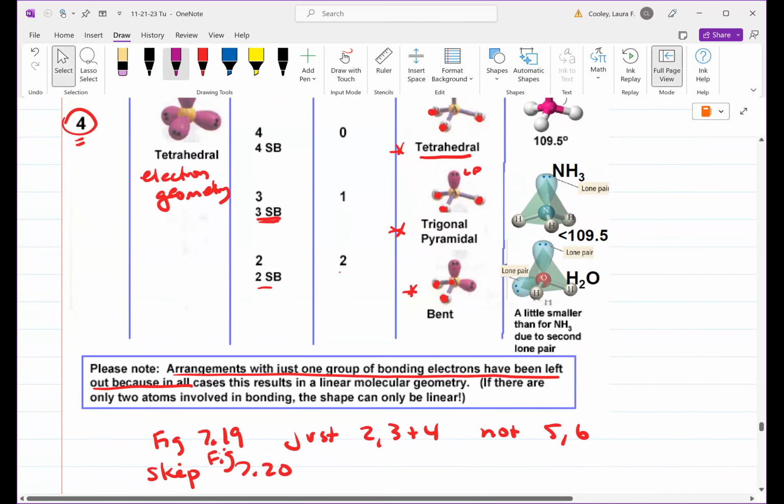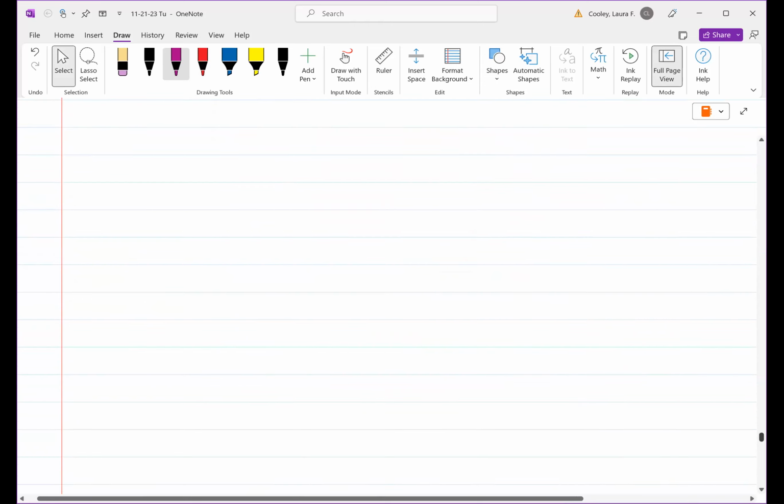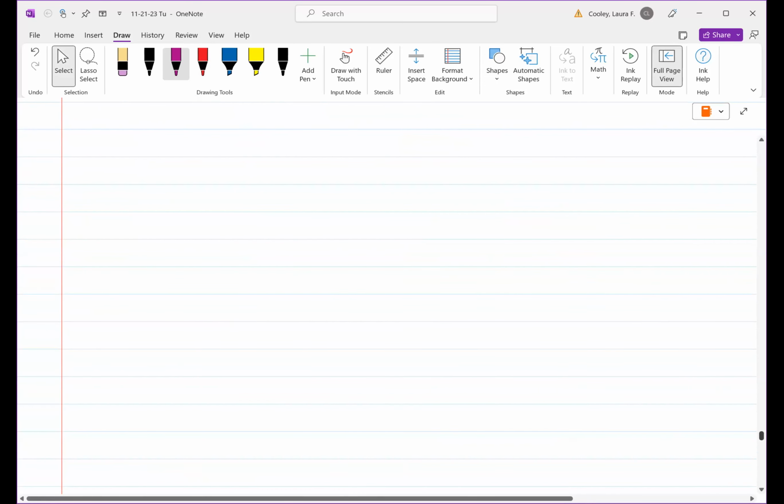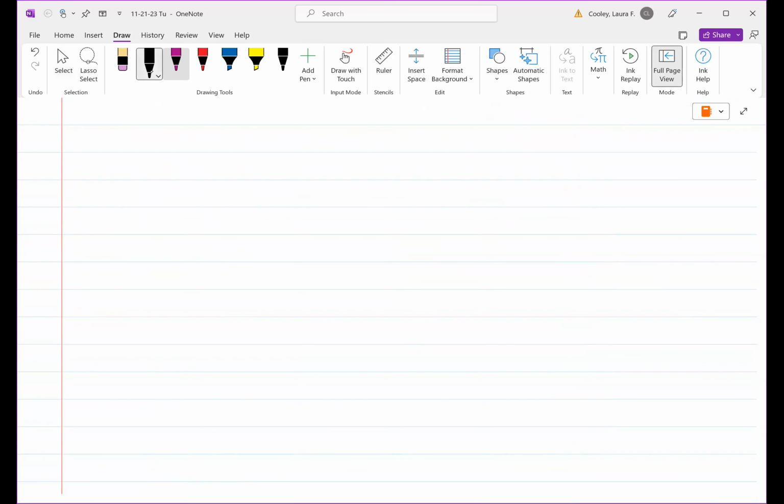So you notice if you look here, or what I told you at the beginning, in H2O, the bond angle here I said was 104 to 105 degrees. And here you notice in ammonia, it says less than 109.5. So what I would just like to talk about a little bit is the bond angles that come about from these different molecular structures. So let me just draw them again.